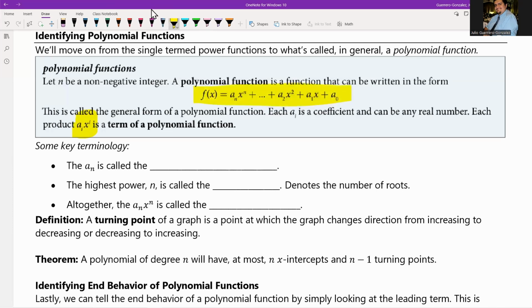In particular, what we're going to be looking at is this term up front. Some important things there. That a_n, the coefficient for that very first, the biggest term, we call that the leading coefficient.